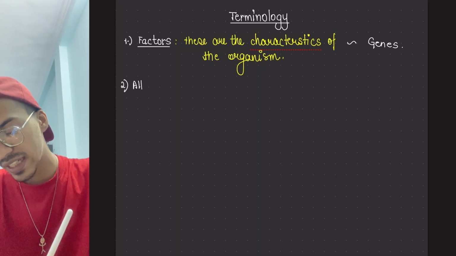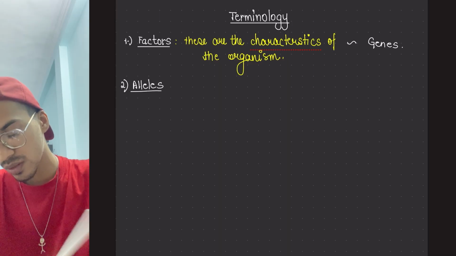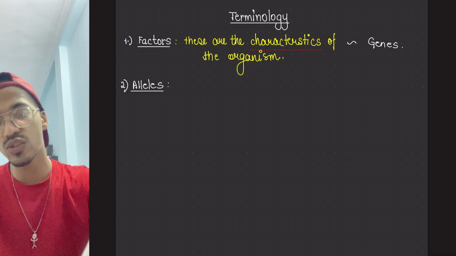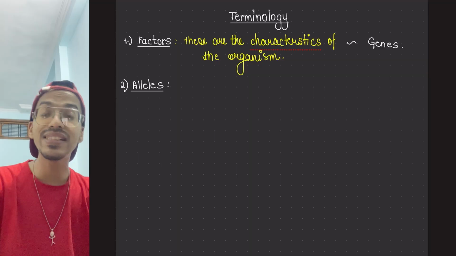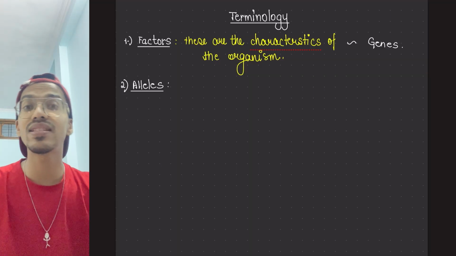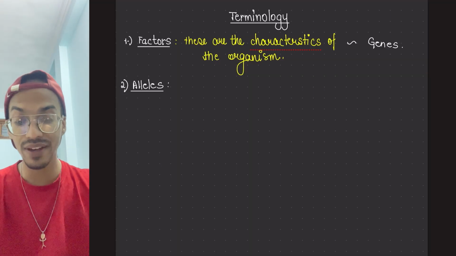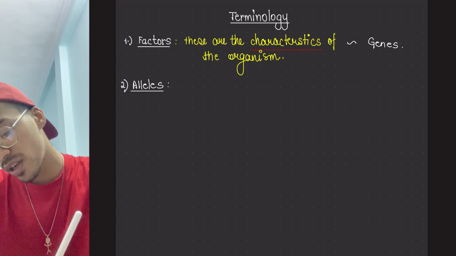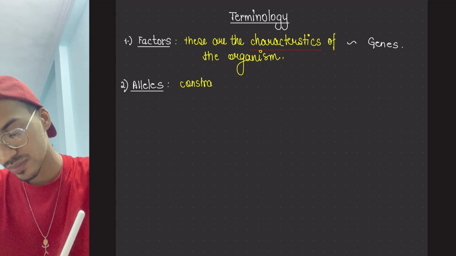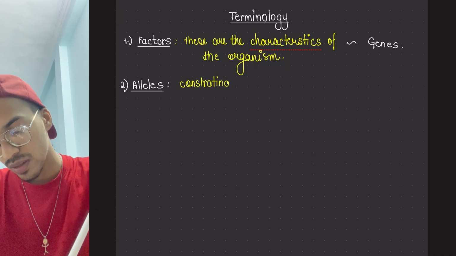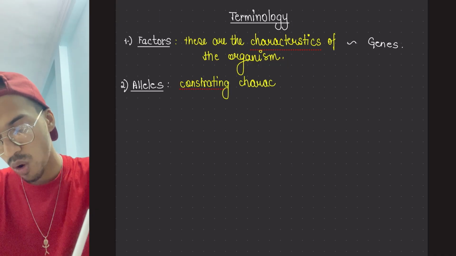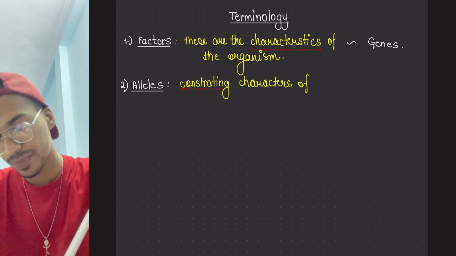Then after factors, we have alleles. So what are alleles? Alleles are the contrasting characters of the factor.